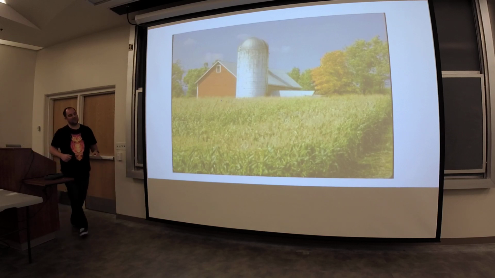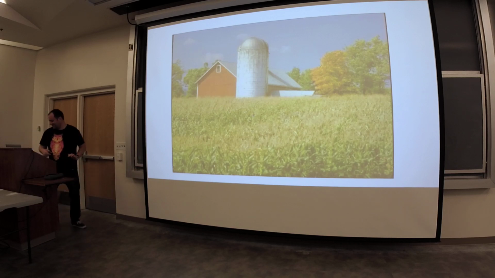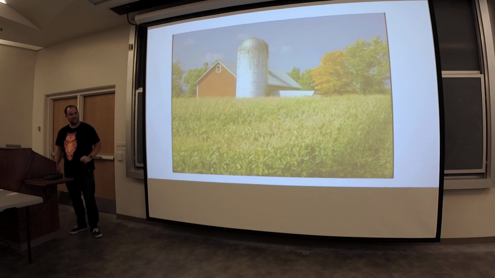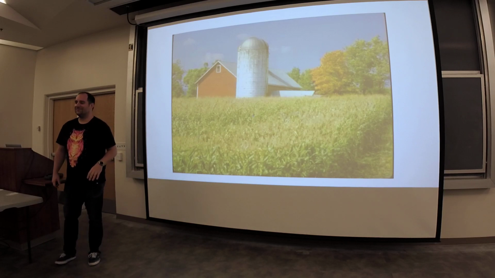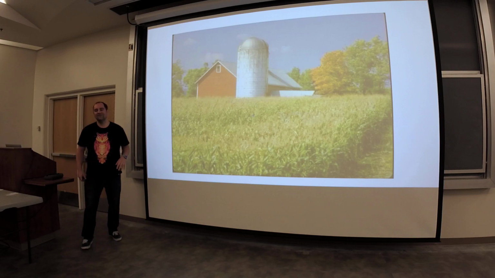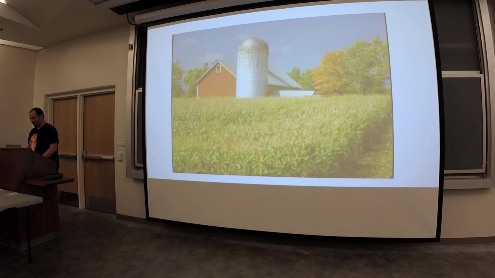I'll play this again, and if I hit back, it will flash back immediately, so you might be able to spot it. I'm playing this again, and you see it gradually being removed here. So such a gradual change is hard to recognize.